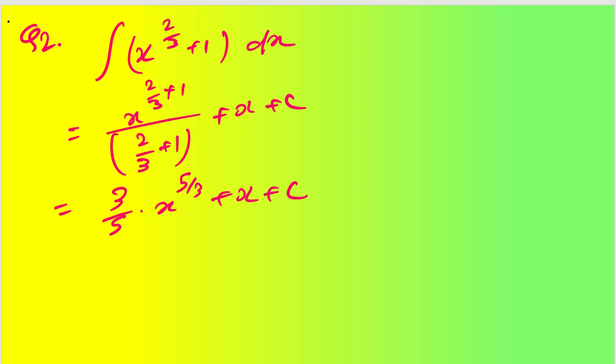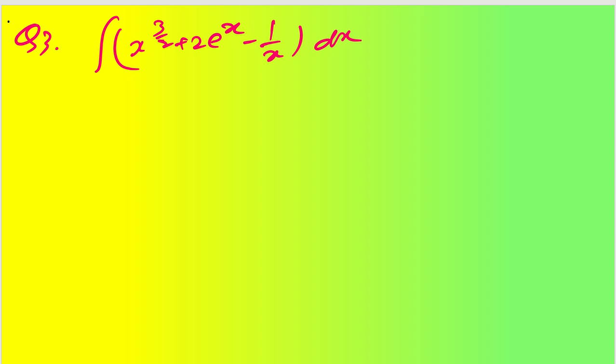Let's make a little bit more complex question. So suppose you have one more question. Integration of x to the power 3 by 2 plus 2 e to the power x minus 1 by x dx. What will happen? Each one of the functions can be separated out.